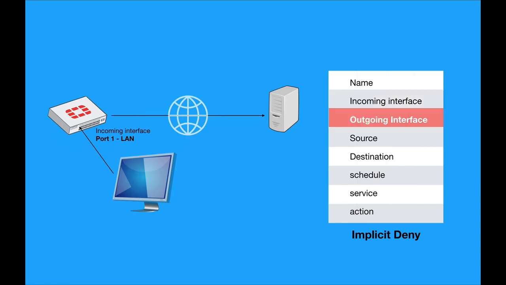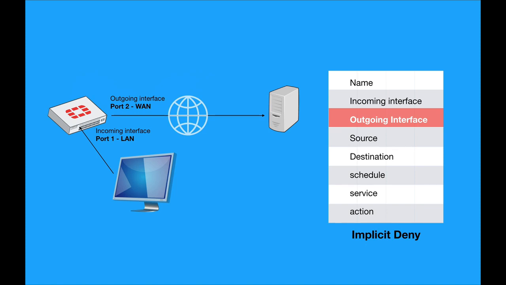The second criteria is the outgoing interface. So that usually in a full access policy, that is your WAN interface when you configure your rule to allow traffic from the LAN towards the WAN and the internet. But it can also be another segment of your enterprise, another LAN.